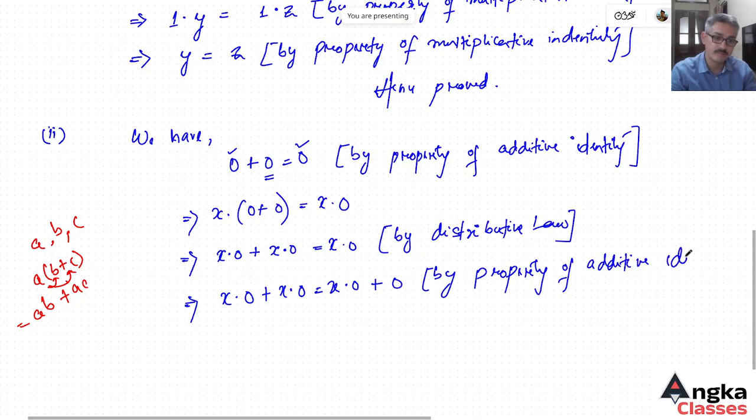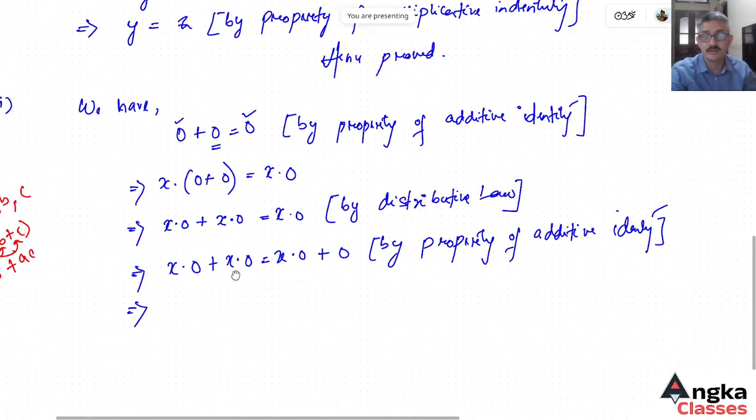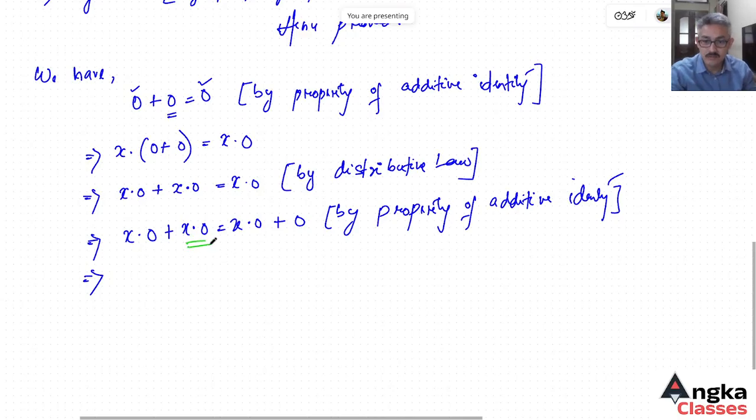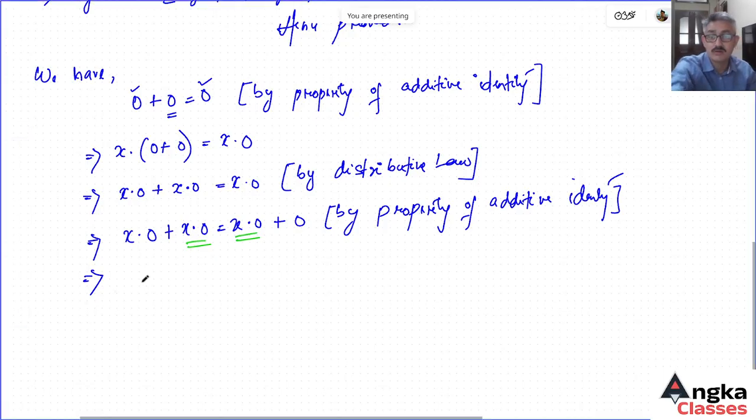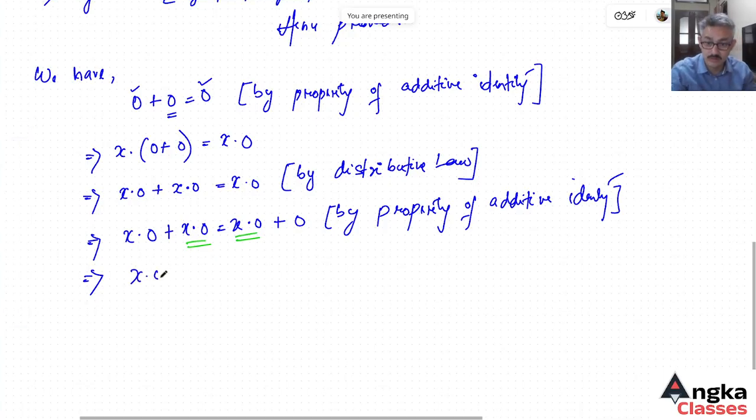Now in this equation, x into 0 is on the left hand side and x into 0 on the right hand side, so we can cancel them, and we get x into 0 is equal to 0, by cancellation law.